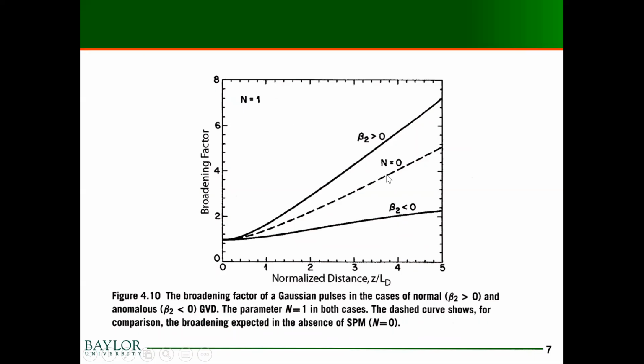And once we add the nonlinearity back, depending on the sign of the dispersion k naught double prime, if k naught double prime is less than 0, they act destructively, you have less broadening, right? This effect is very similar to the pre-chirp propagation, right? Okay, great.